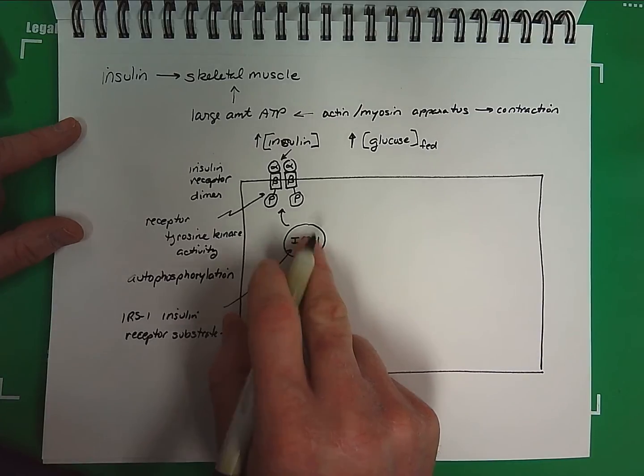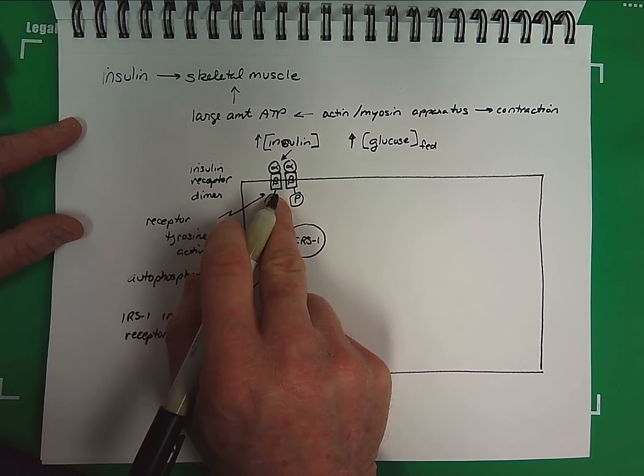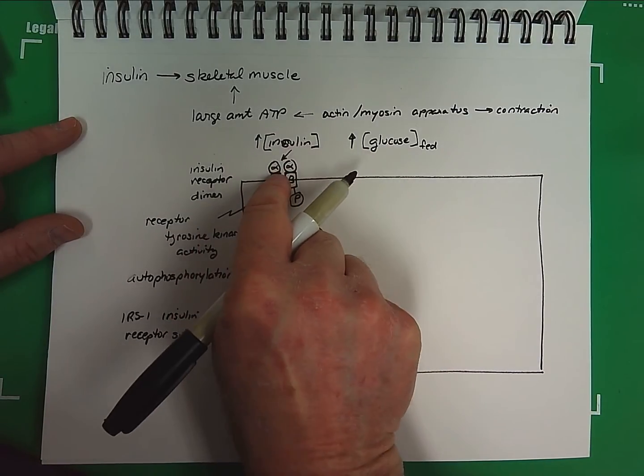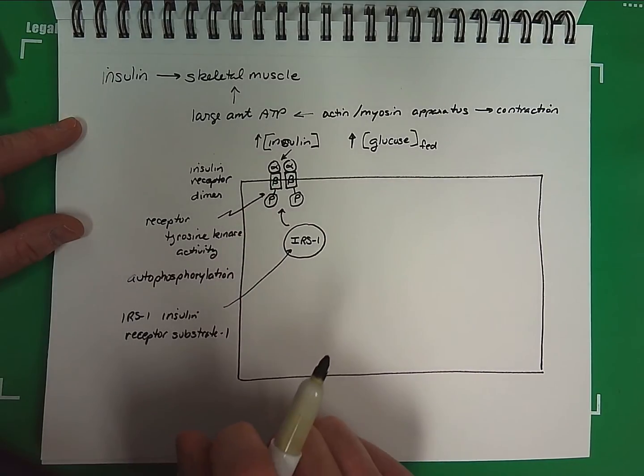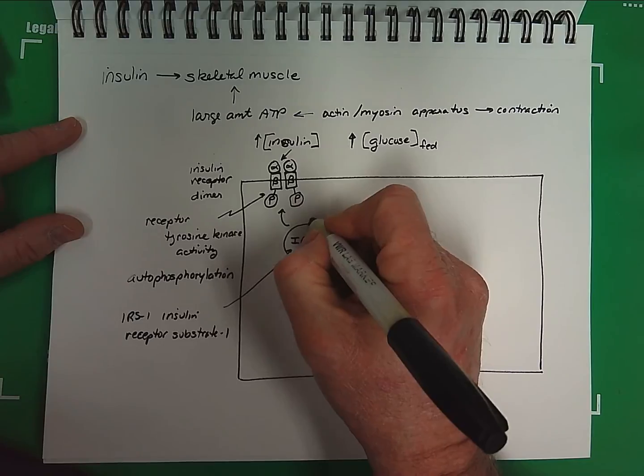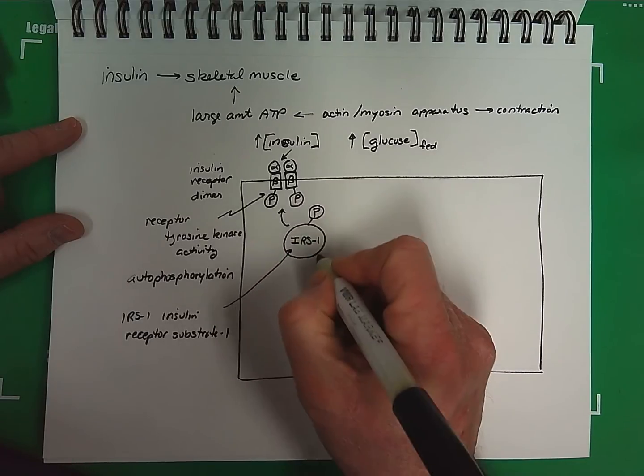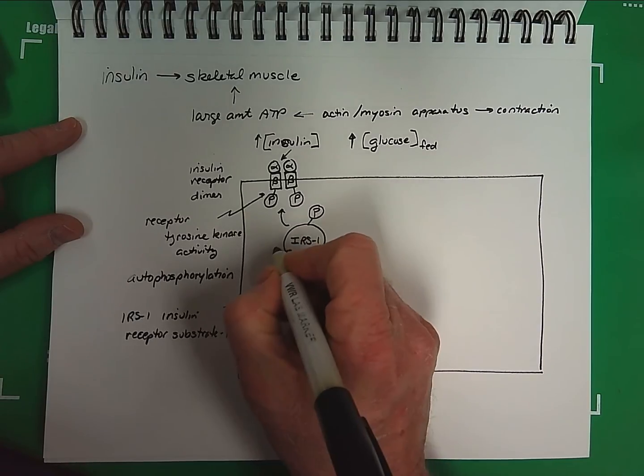Once IRS1 binds to the insulin receptor, recall that the insulin is still bound to the receptor, so the kinase function on the receptor is still active. What that's going to do is phosphorylate IRS1.